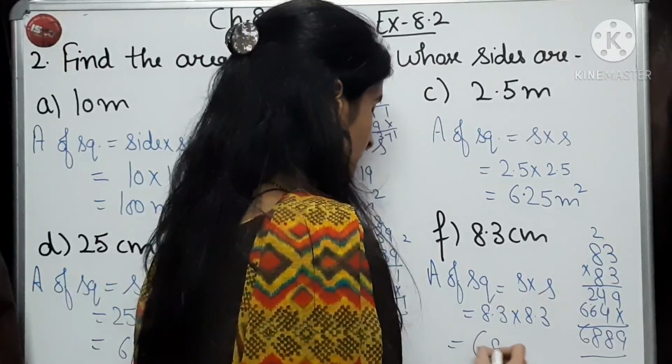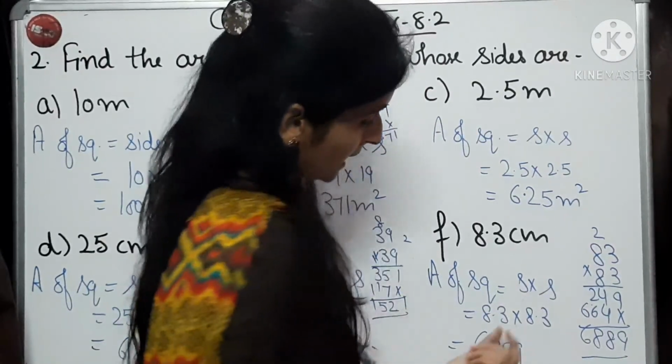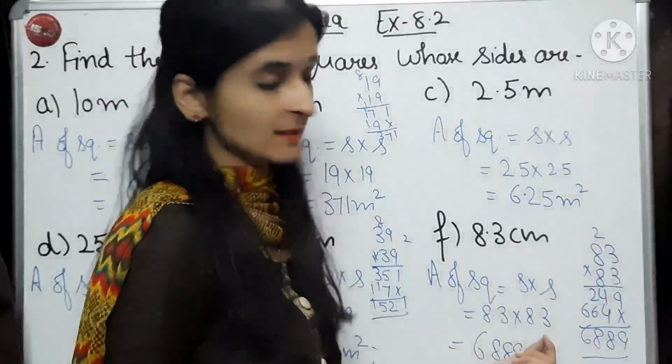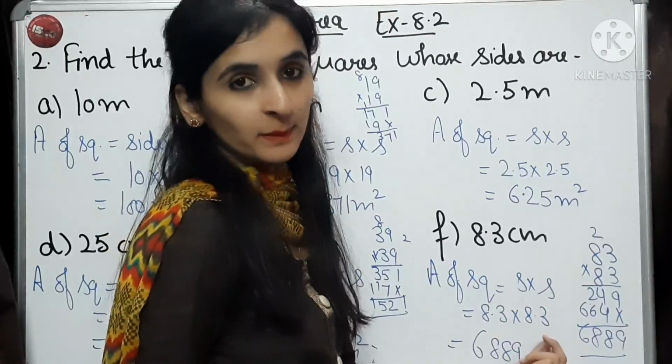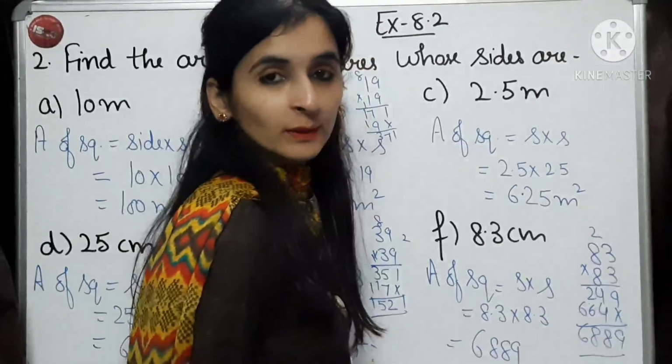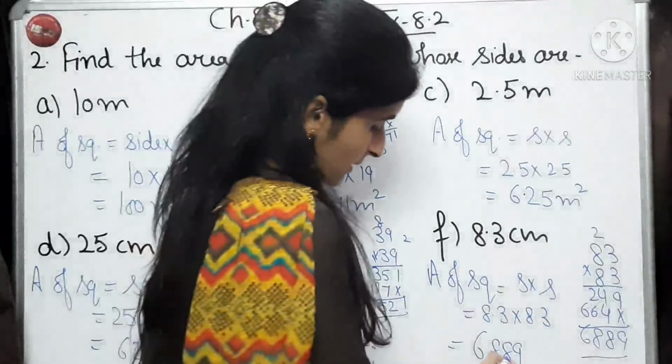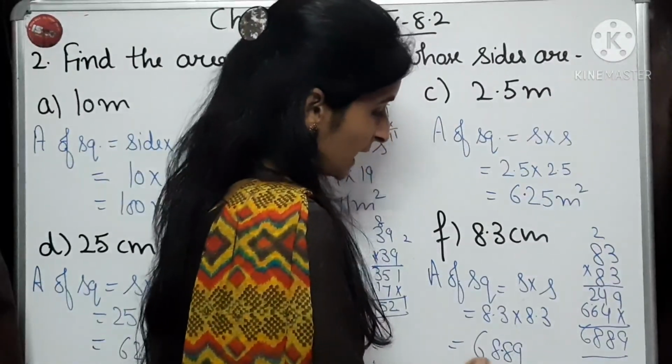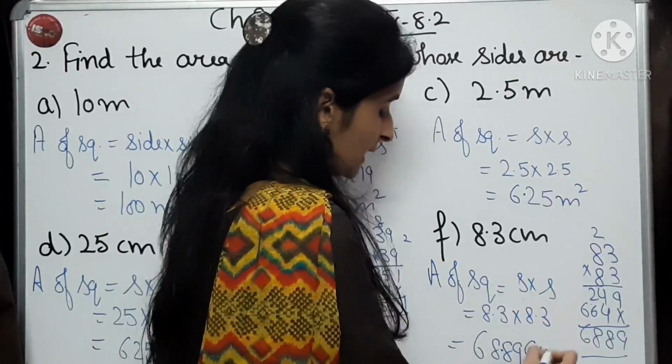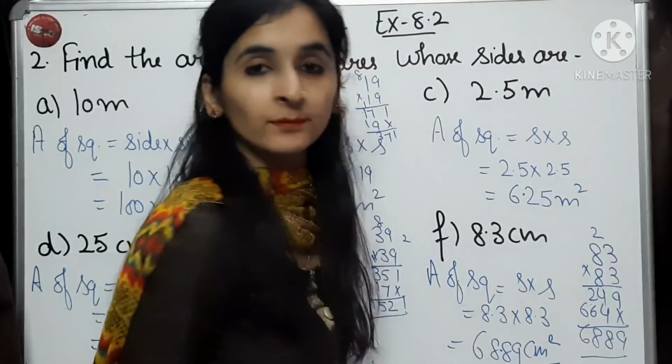So 6889, and again we have one decimal place in the multiplicand and multiplier. So in the product also we will have 2 decimal places. 1 plus 1 is 2. So 68.89 centimeter square. Clear?